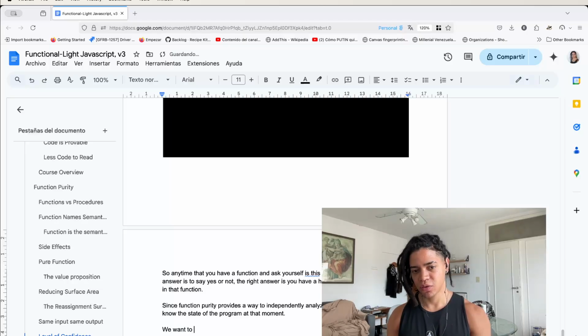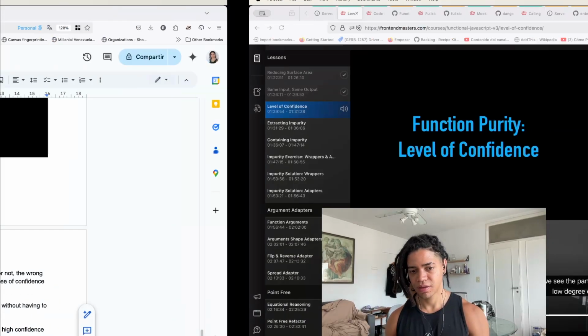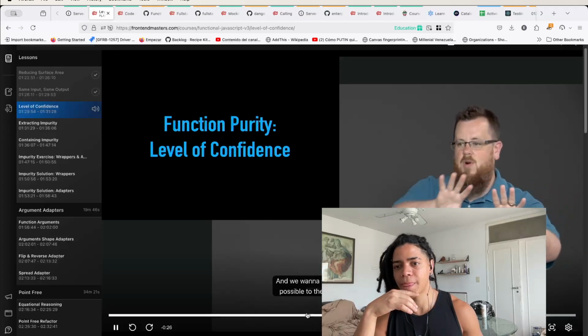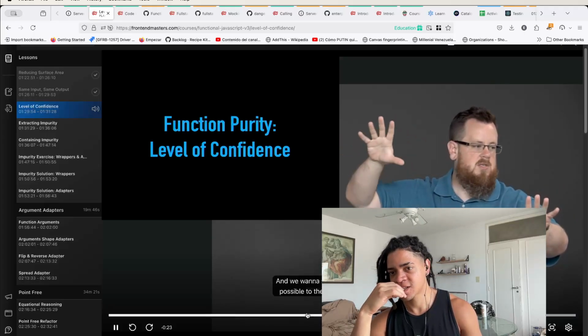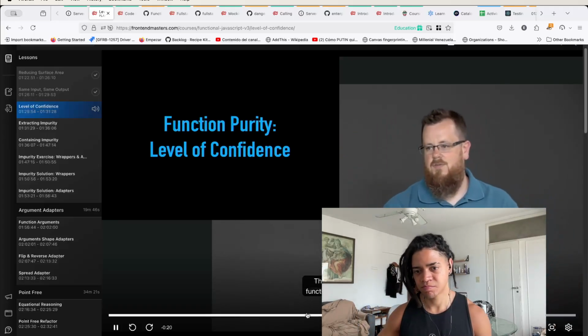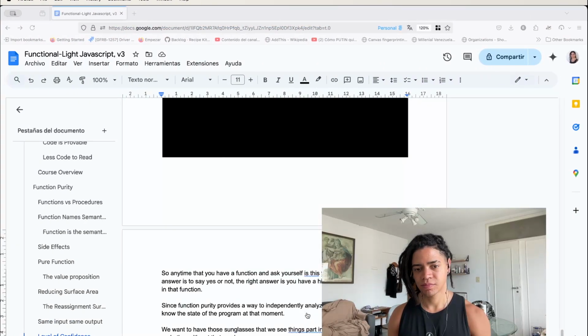We want to have those sunglasses so that we see parts of our code with high confidence and others with not that much. And we want to shift that balance as much as possible to the high degree of confidence.